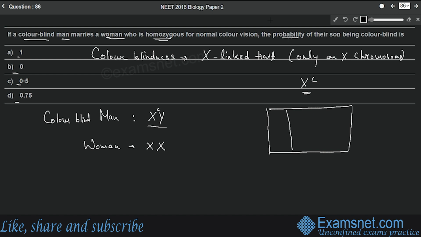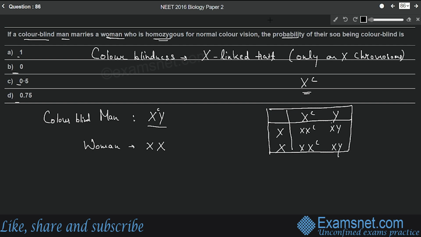So here we have XC for male and Y for male, and this side the genotype of the female, that is X and X. Okay, so let's see what will be the genotype of the progeny. Here we get XXC, here we get XY, then again XXC, and then XY.